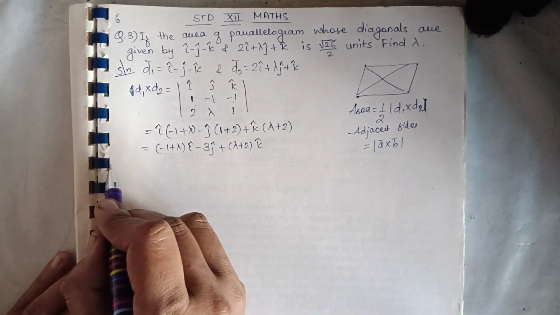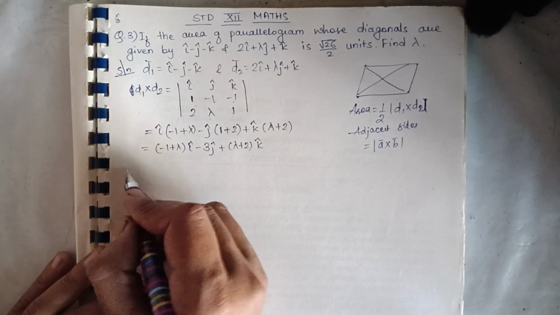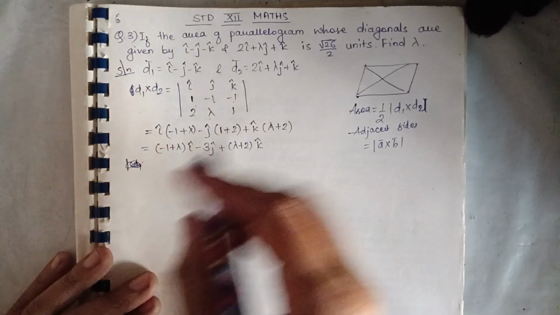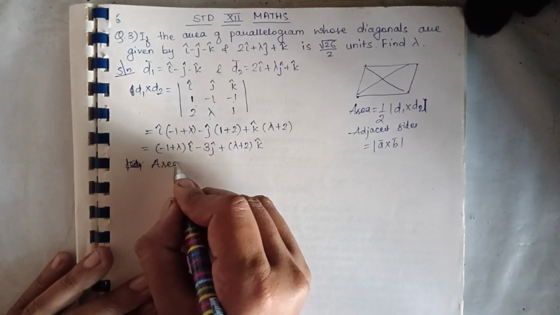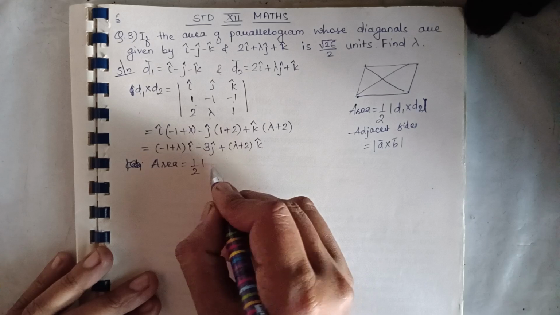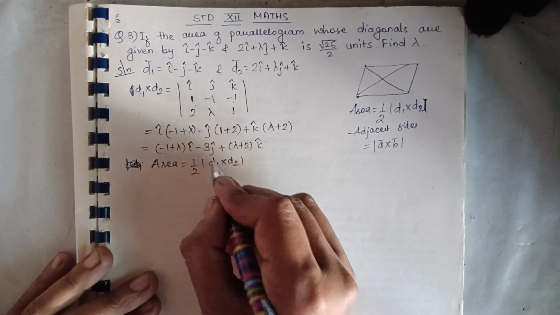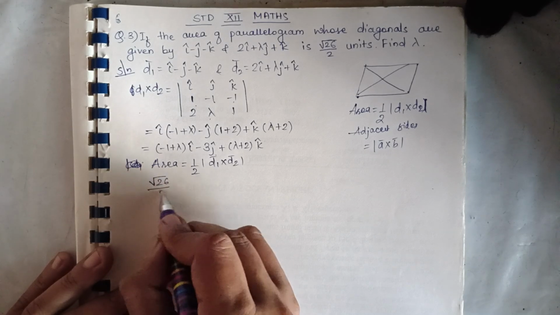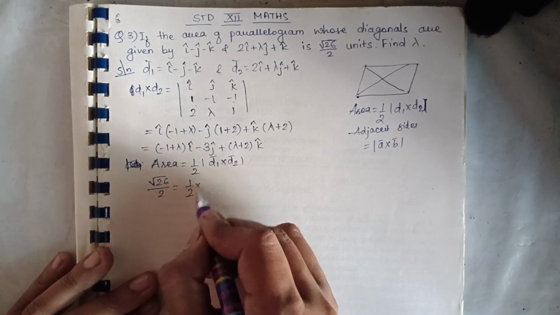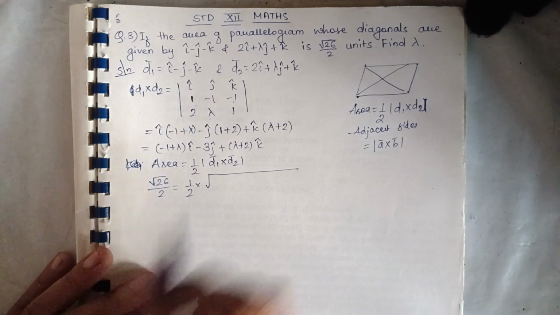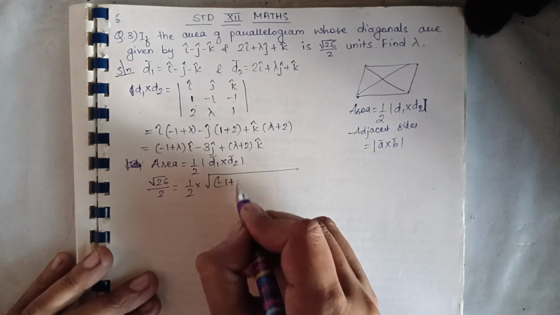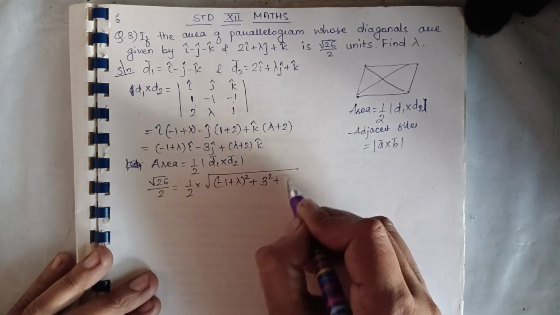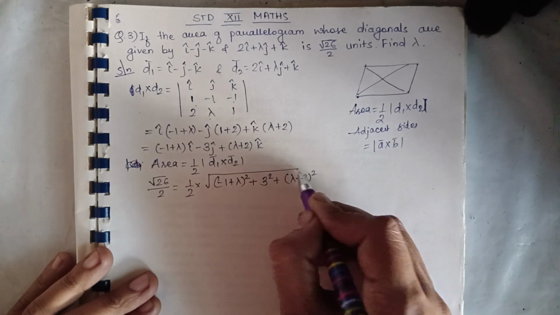Okay, now let's find out the magnitude, or we'll write directly. Area is given. It's equal to half magnitude of d1 cross d2. Okay. Area is root 26 by 2. Magnitude is root of minus 1 plus lambda the whole square plus 3 square plus lambda plus 2 the whole square.